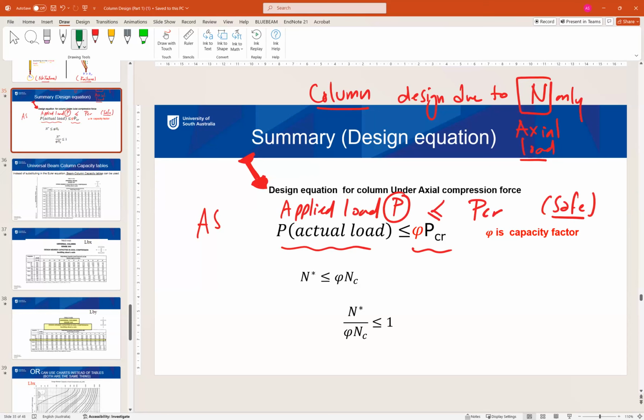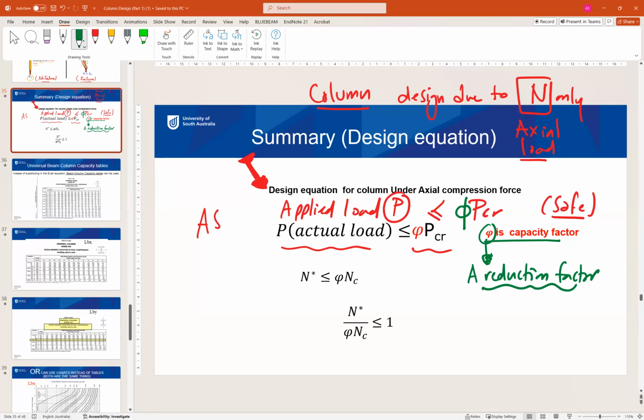But because we also have some uncertainties about the critical load and some inequality control problems, they use a capacity factor phi. This phi is a reduction factor. We just assume that we will lose a little bit of the capacity so that we are on the safe side.